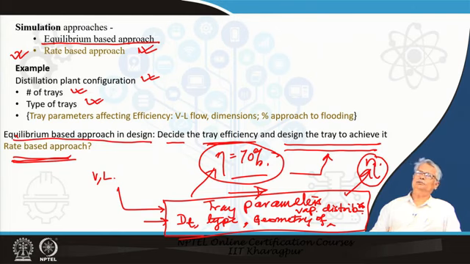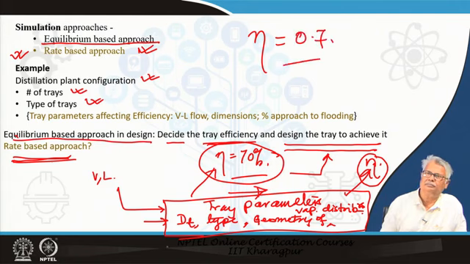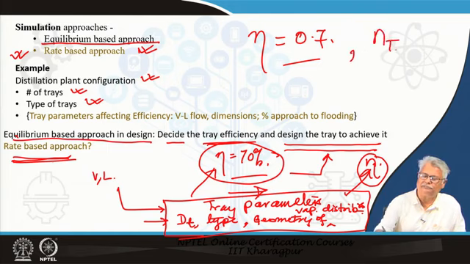In equilibrium based stage design, you had fixed an efficiency of 0.7 in the previous example, and proceeded and found out the number of trays. But in this case, you are finding out the efficiency of every tray, the actual estimated efficiency. So, you can go more close to the real operation.